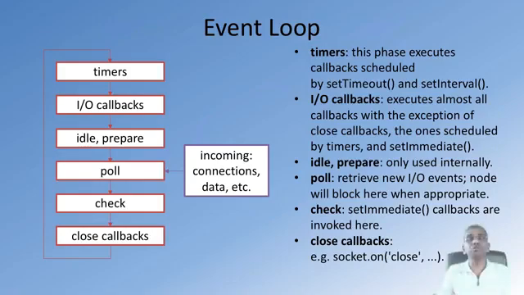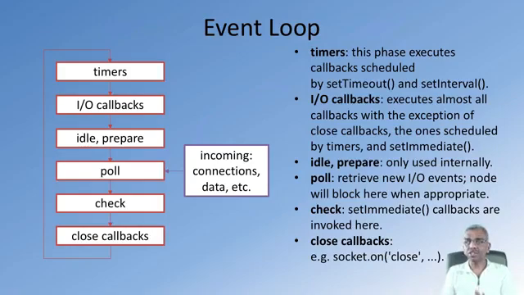Now, we don't need to worry too much about all these details if we need to really write a Node.js application. When required, we will look at some of these details as and when it is essential for understanding how our Node application works. But for the moment, this gives you a big picture view of how the Node.js event loop is handled.